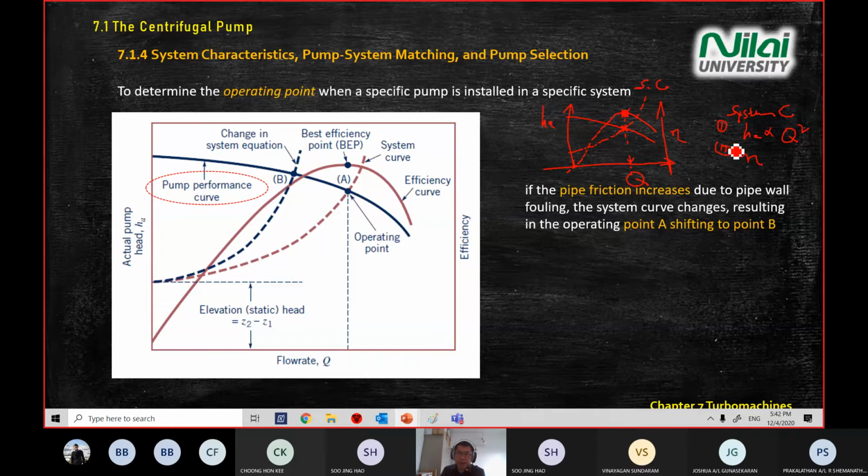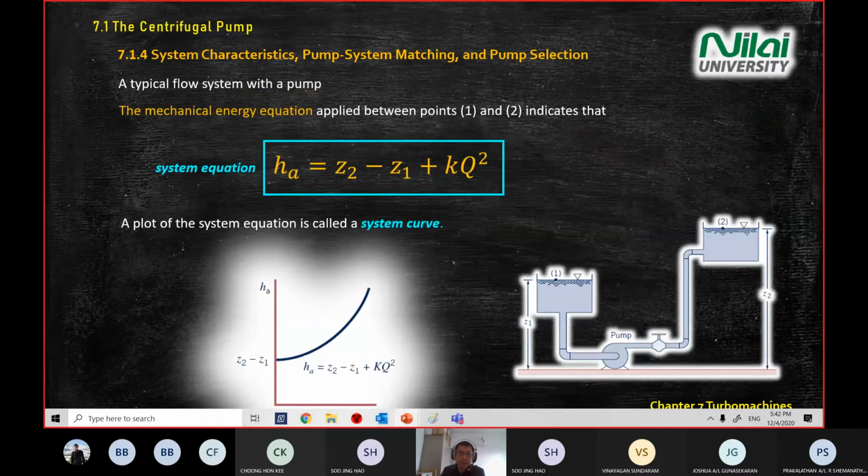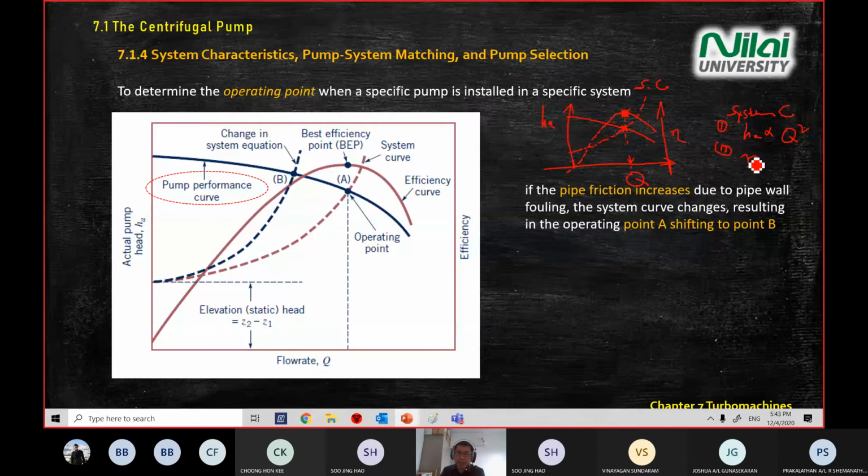So first, we look at a graph, and then you plot the system curve using this equation. The curve will always be in this shape because it's Q square, HA versus Q, and the equation is KQ square. Then the next one, you look at the efficiency line of performance, which always goes up and then goes down.